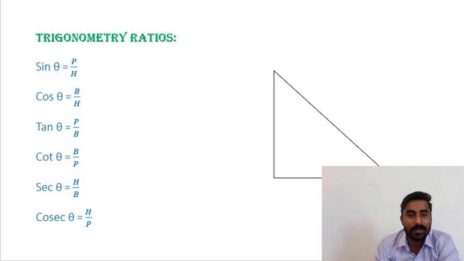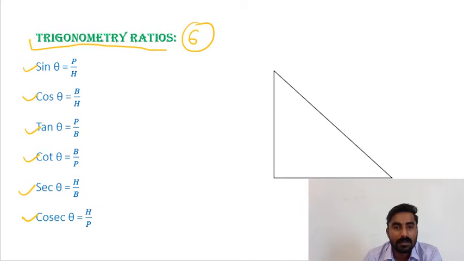Now we'll start with trigonometric ratios. There are 6 types of trigonometric ratios: sin theta, cos theta, tan theta, cot theta, sec theta and cosec theta. These trigonometric ratios are ratios of the sides of a right angle triangle.